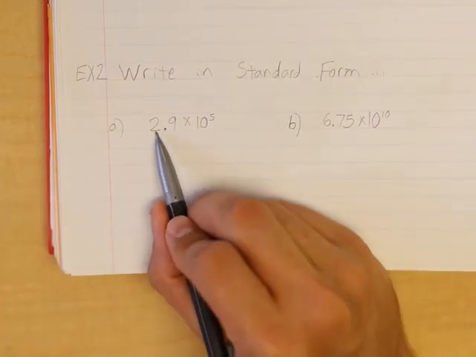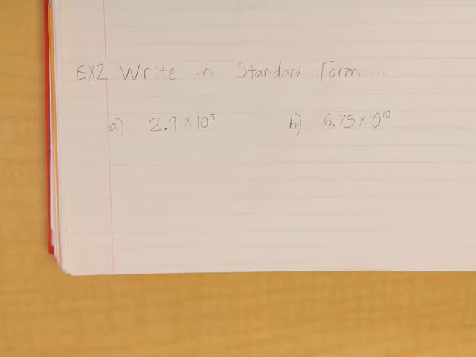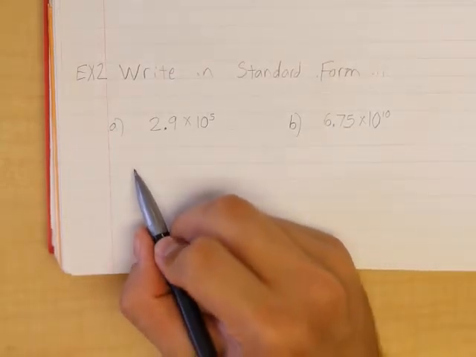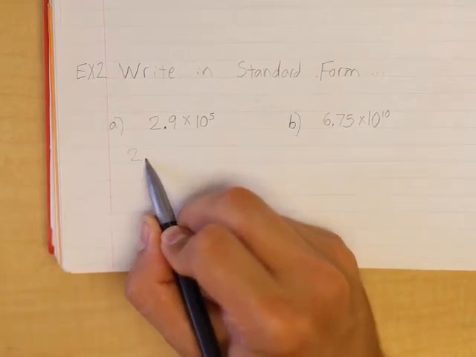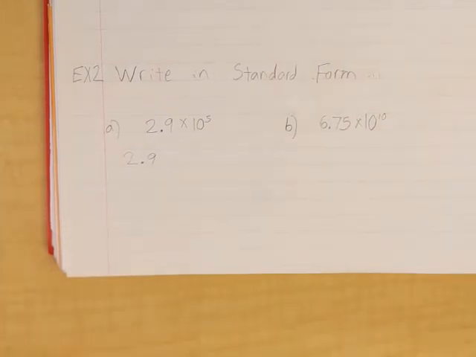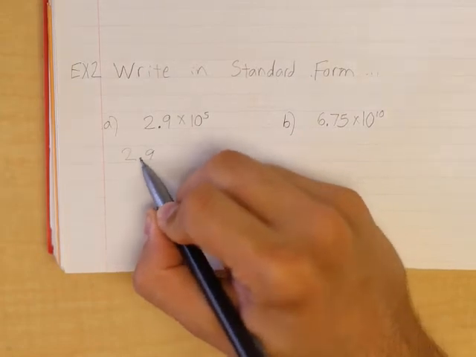Here I have 2.9 times 10 to the 5th power. Well, how do I do this? It's very simple. You need to write down your 2.9. It is very important that you include the decimal, because many students get the answer wrong without it, and it is a very slight mistake. What you are going to do is put your pencil on top of the decimal.